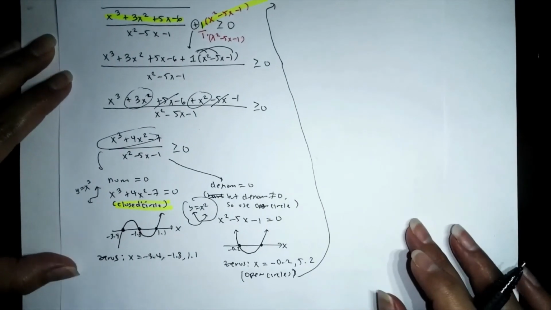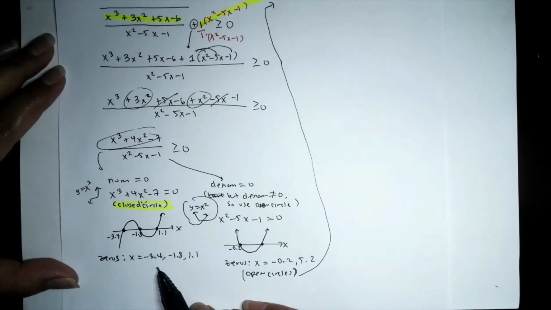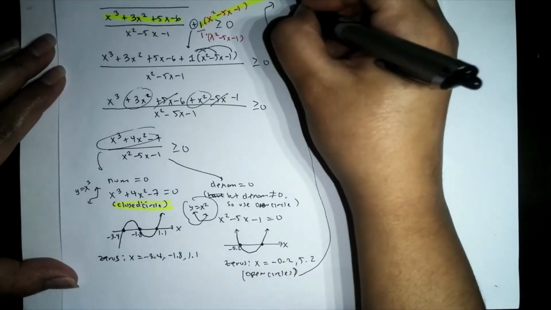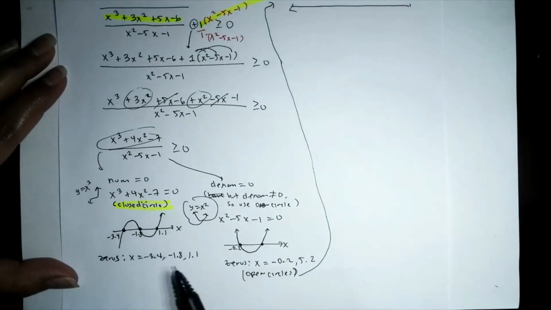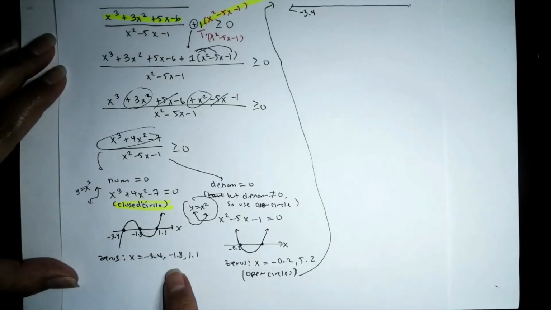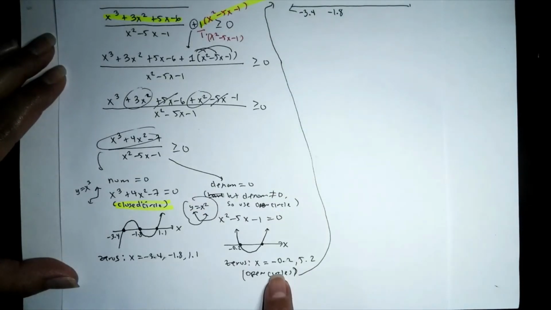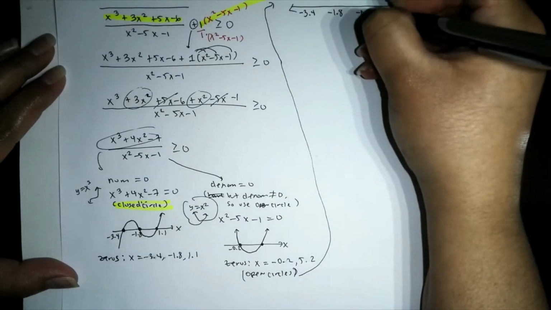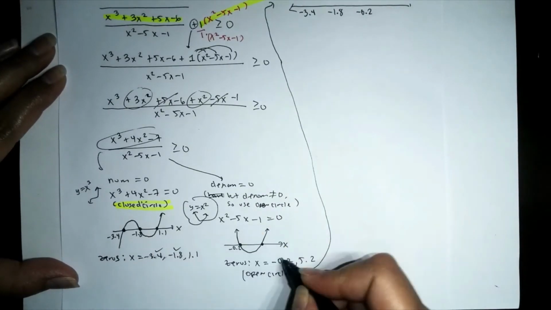Okay, so the zeros are negative 3.4, negative 1.8, 1.1, negative 0.2, 5.2. From left to right, we should have negative 3.4, and then negative 1.8, and then negative 0.2.